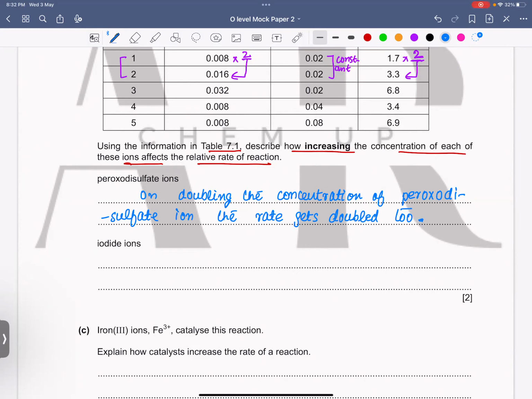So it's just one, it's 1 decimal point plus. So it is almost doubled.